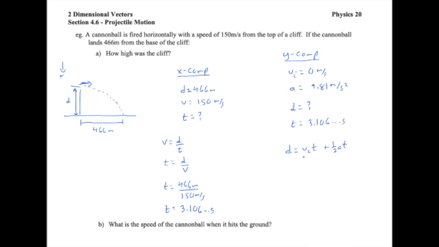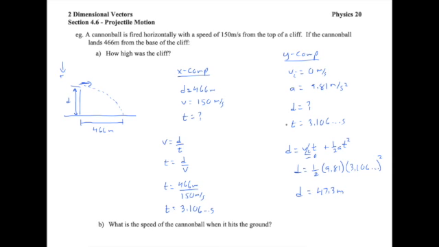So I have d equals 1/2 at squared. I don't even need to isolate anything because d is already isolated. So I get 1/2 times 9.81 times 3.106, but don't forget to square that t. It is a really common mistake to forget that square, so just be really, really careful with that. And so the distance that we're going to get is 47.3 meters.